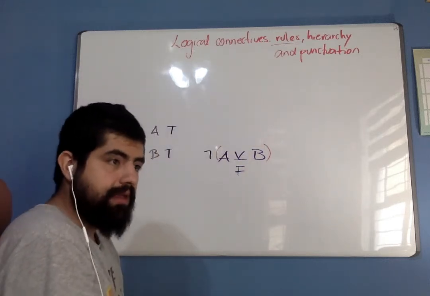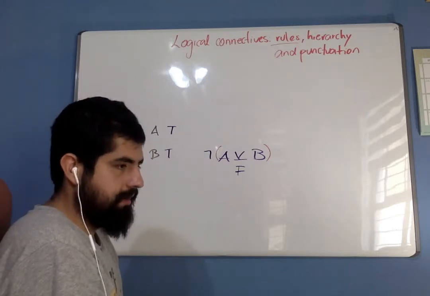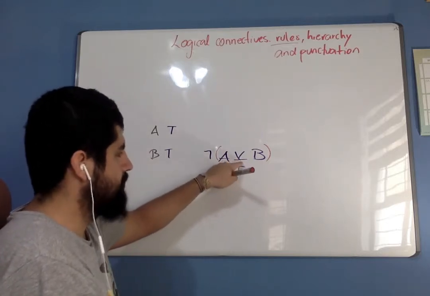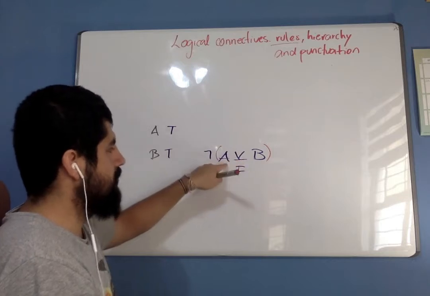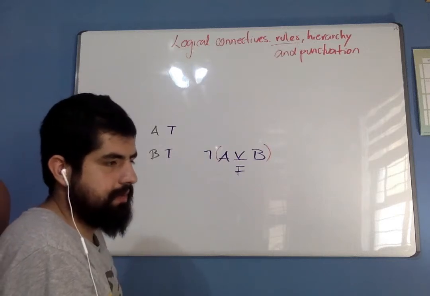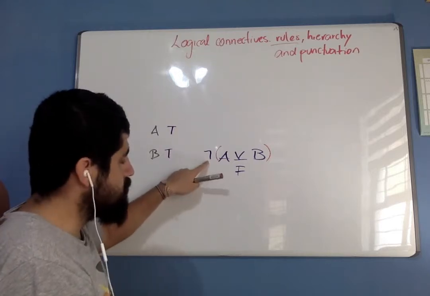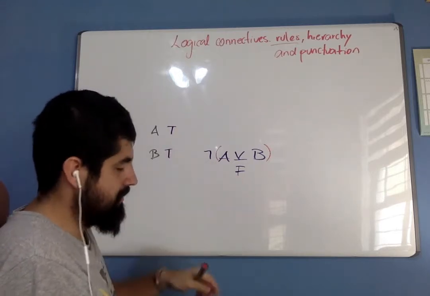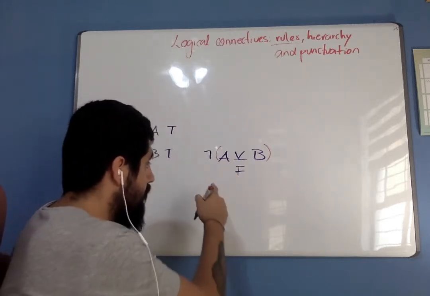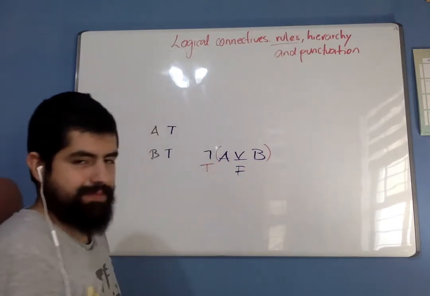So if I ask you, please solve the value of the logical connectives, well, you know that the exclusive disjunction between A and B is going to be false because they have the same values, but the negation is going to invert the value of the false. Okay, now the negation of the exclusive disjunction between A and B is going to be true.